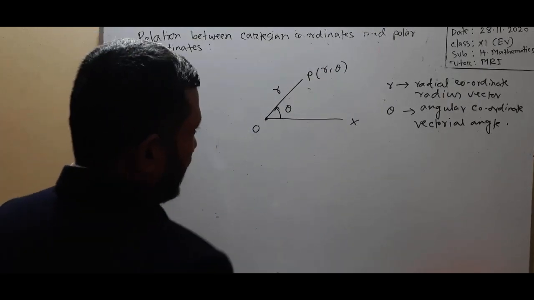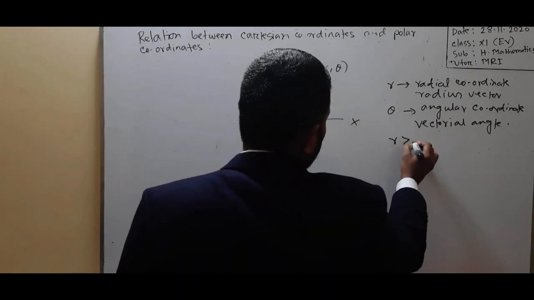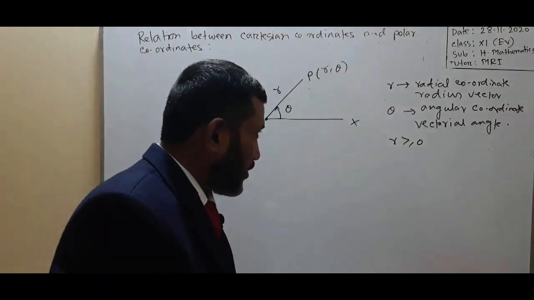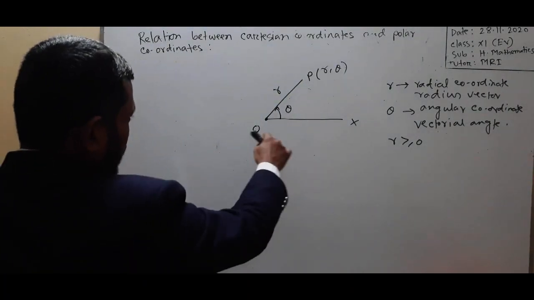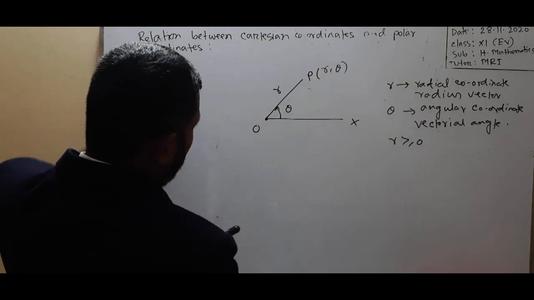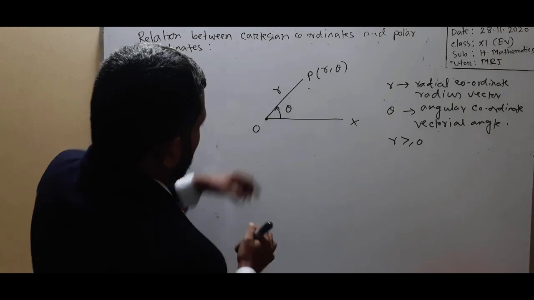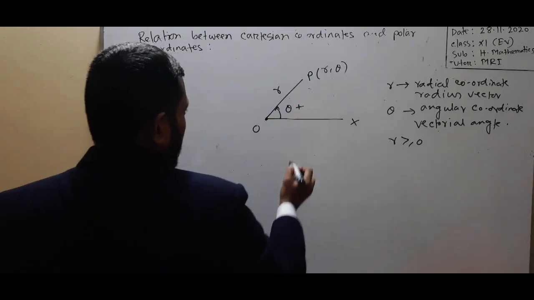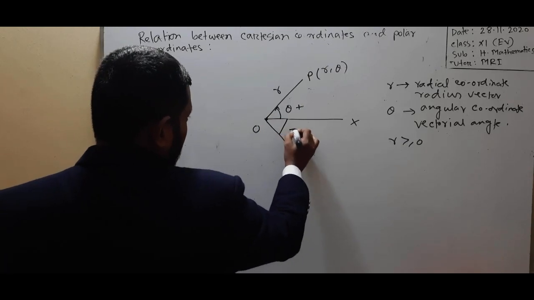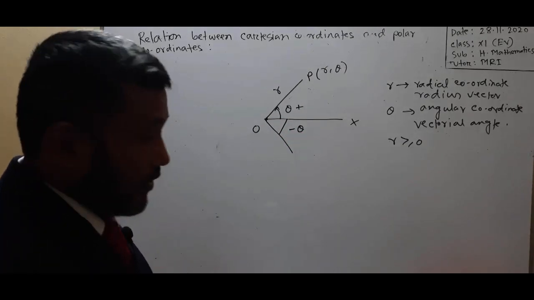The value of r is always greater than or equal to 0, but theta may be positive or negative, because if OX rotates in the anti-clockwise direction, the angle will be positive. If OX rotates in the clockwise direction, it will be negative.